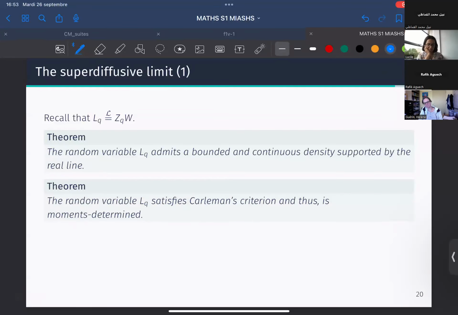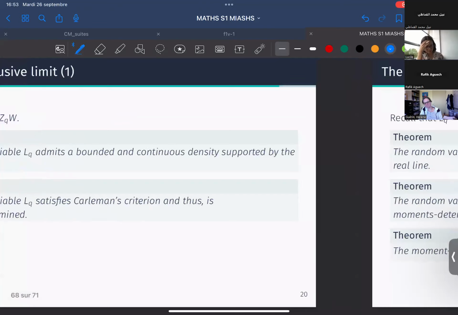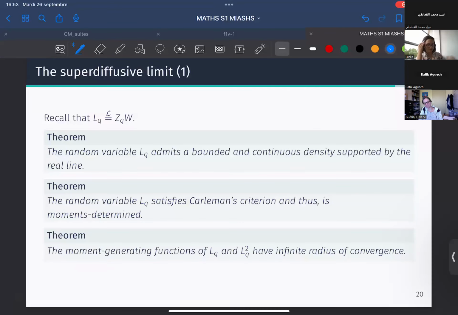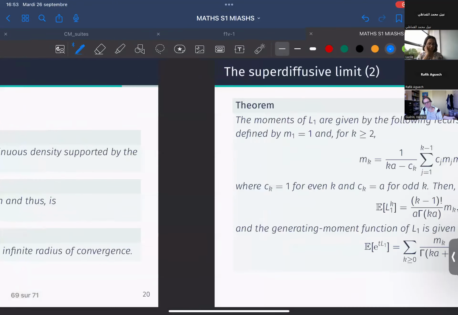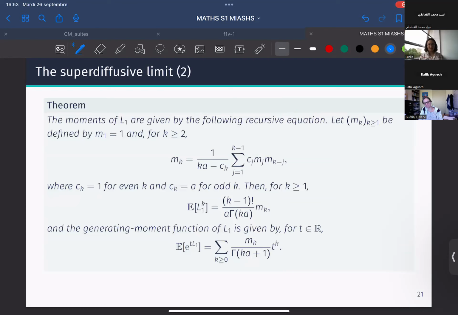We can show also that the random variable satisfies Carleman's criterion, and so that it is moment determined. So when you know all the moments, you know the random variable. And we also show that the moment generating function has infinite radius of convergence. And this is the formula for the moment.